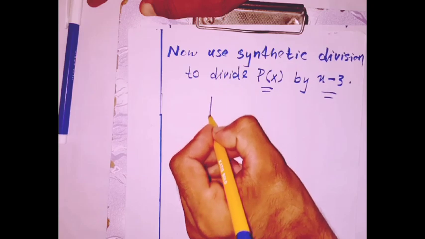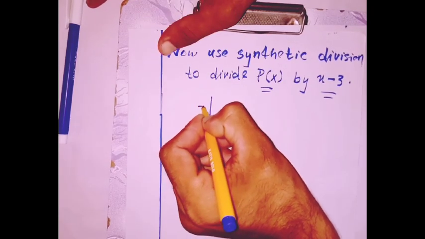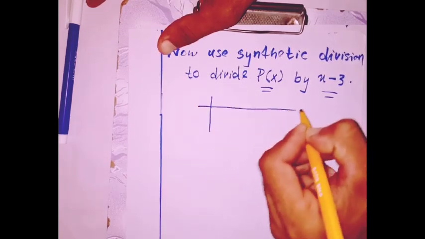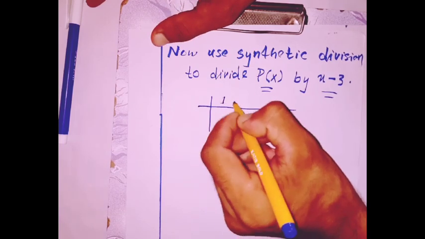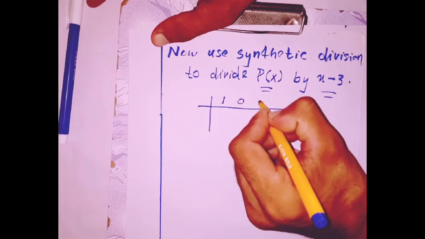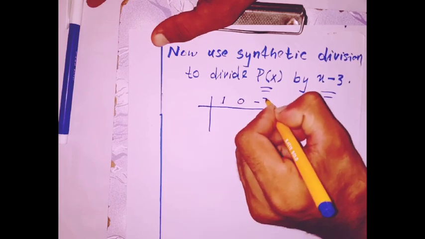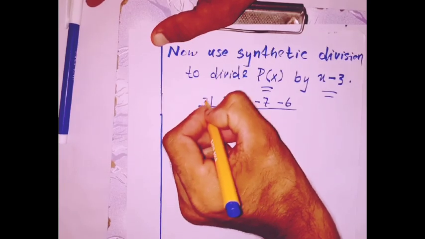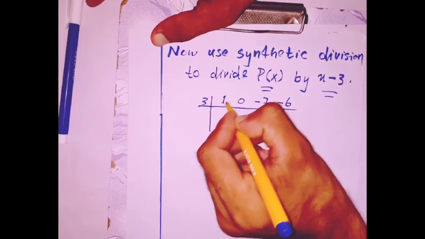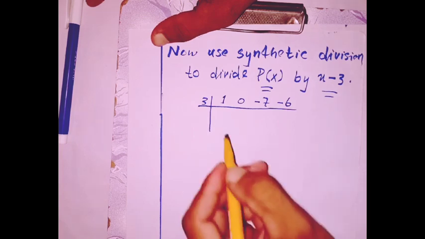So we can write the coefficient of each term. Here we have coefficient of x cubed is 1, coefficient of x squared is 0, coefficient of x is minus 7, and we write the constant term as it is.